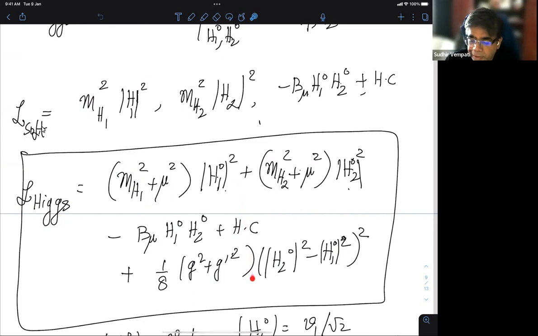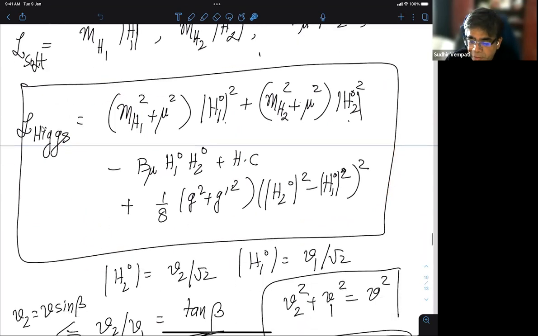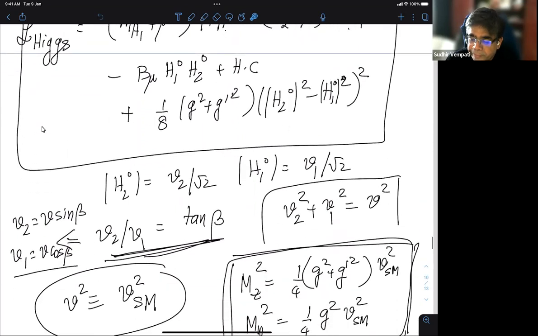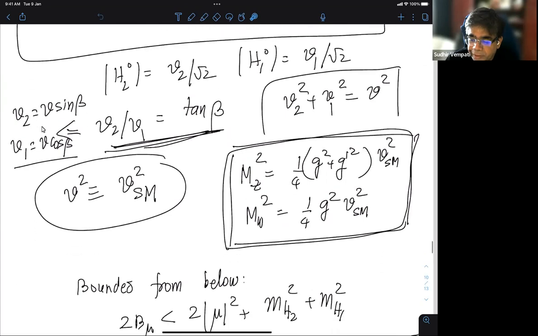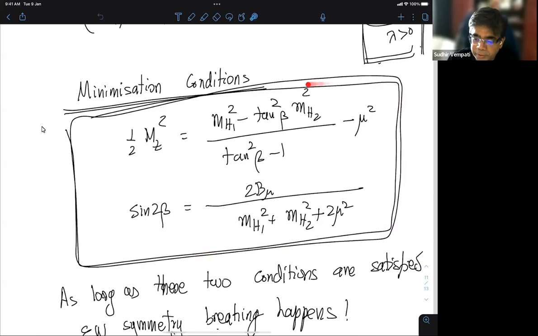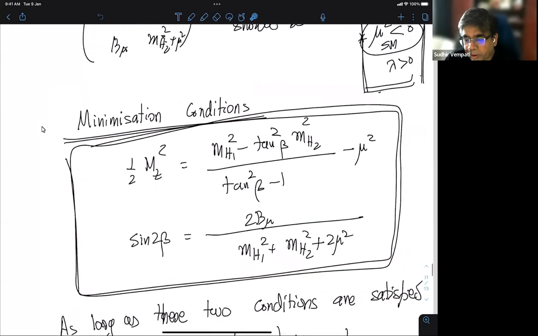And so you write down this Higgs scalar potential. Now when you minimize this, assuming that both the Higgses get a vacuum expectation value, you end up having these two formulas, which are the most important formulas for the MSSM, called the minimization conditions. How did we derive that?